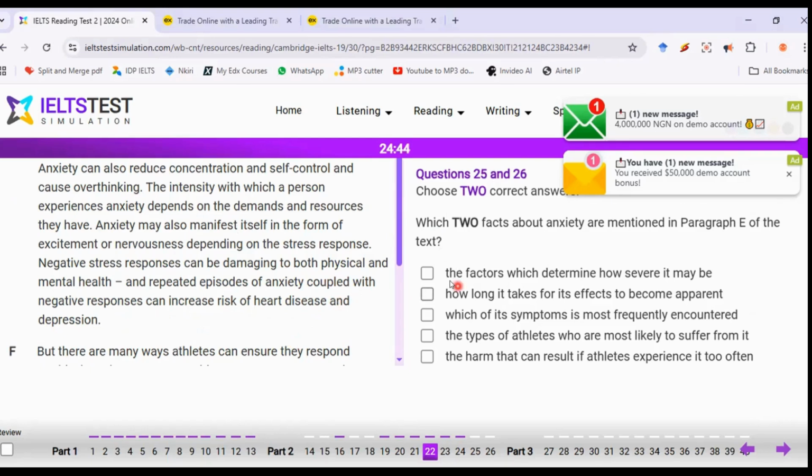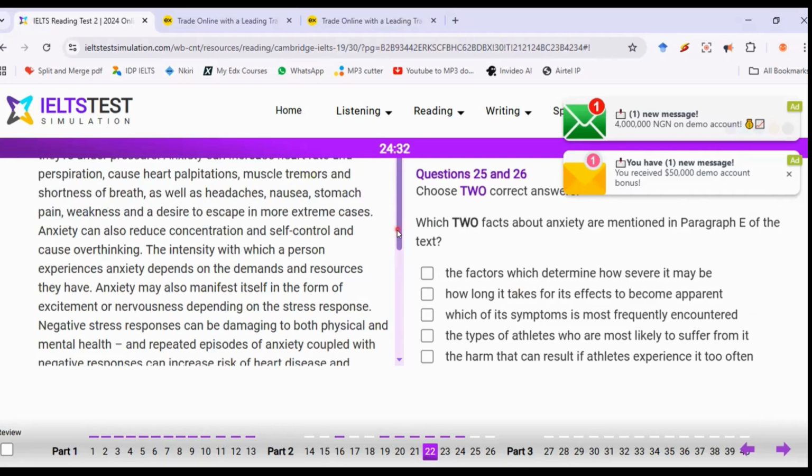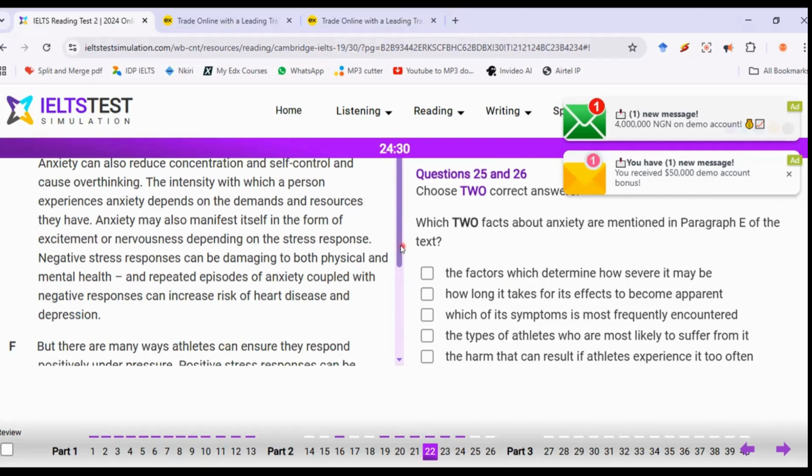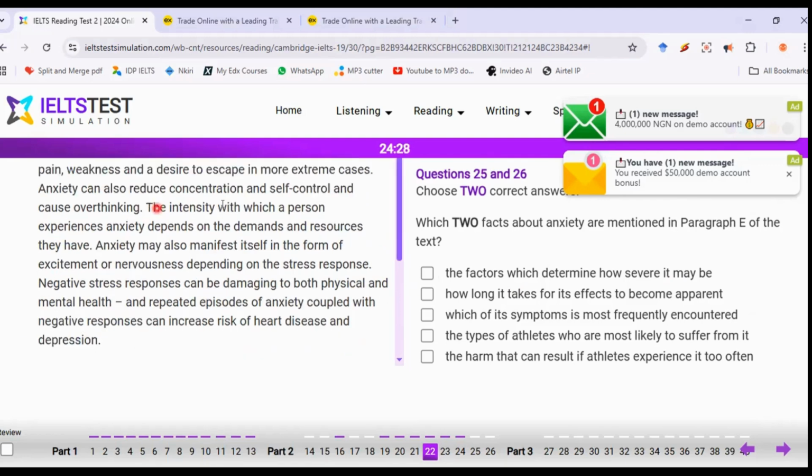So which two factors are mentioned? The factors which determine how severe it may be. They didn't tell us how... Oh, hold on. The intensity with which a person experiences anxiety depends on the demands and the resources that they have. Those are the two factors.